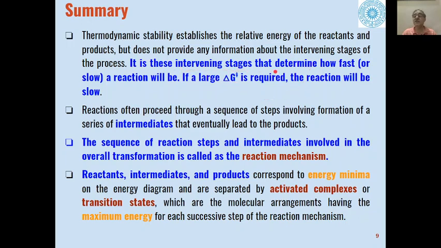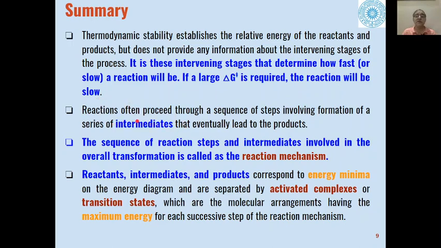So these intervening stages will determine how fast or how slow the reaction will be, because as you have seen, different transition states have different values of activation energy. The higher the activation energy, the slower the reaction. So if a large delta G is required, that means more energy of activation is there, and the reaction will be a slow reaction.